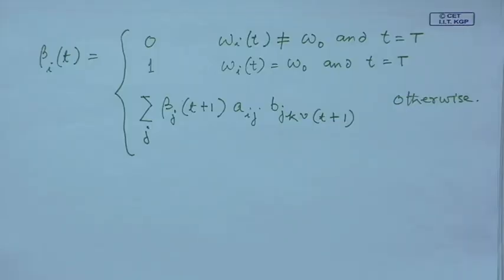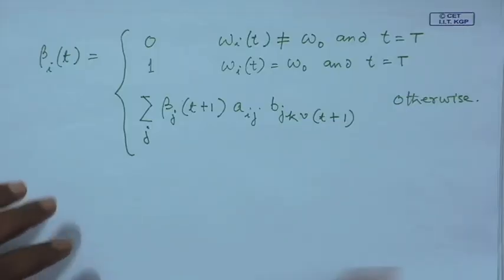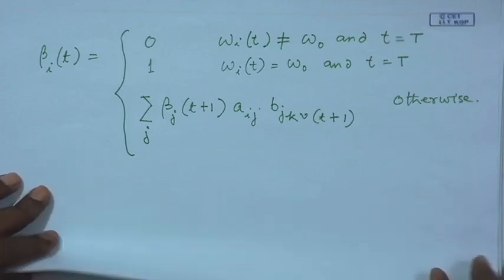That is what is given by beta i t. And we will see in a short while from now that both this forward probability and backward probability will be used for estimation of the transition probabilities a i j and b j k.